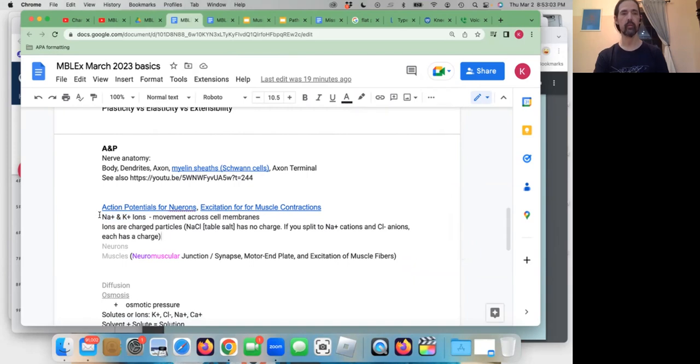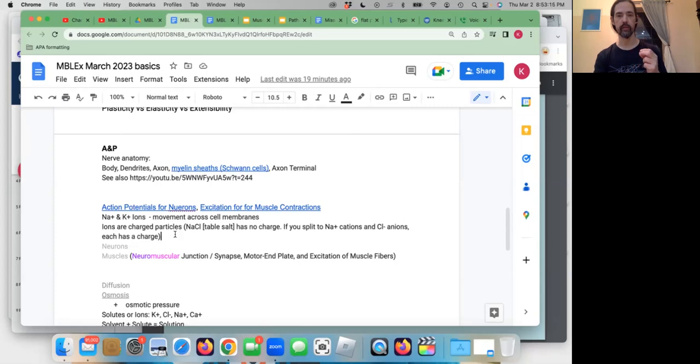So when there's an influx of sodium or positive particles, the interior of the nerve cell becomes more positive and less negative. A nerve, and I believe a muscle, has a resting state of negative 70 millivolts. As it becomes more positive, which is called depolarization, it reaches a point where all the positive ions have to move.